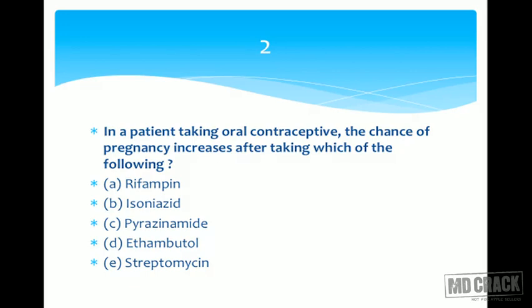I hope you are able to think. There's only one inducer in this list, and it's called rifampin or rifampicin. There's one more agent here, isoniazid, but it's not an inducer. It is an inhibitor of the cytochrome P450 enzyme system. So the answer is rifampin. Let's go to the next question.